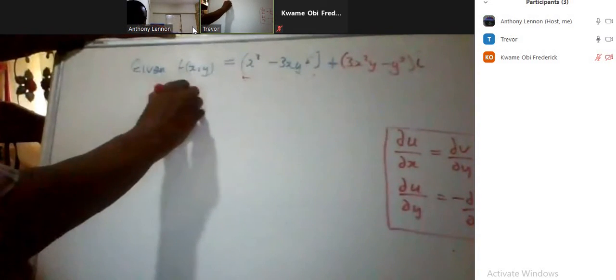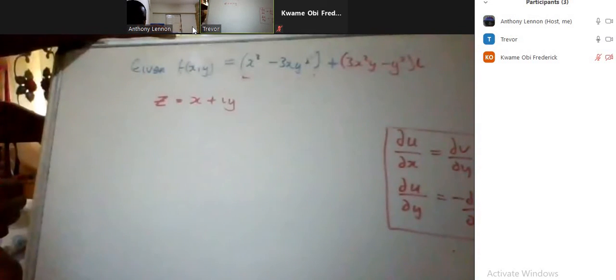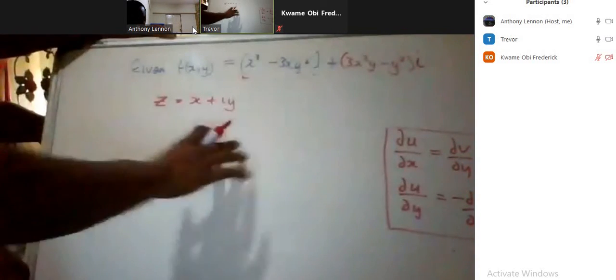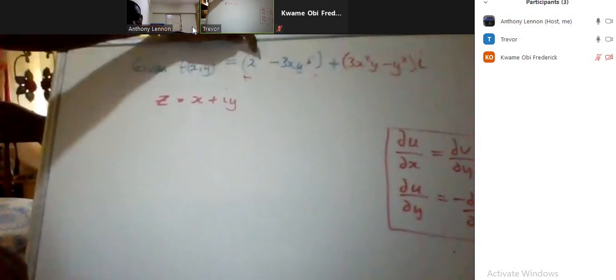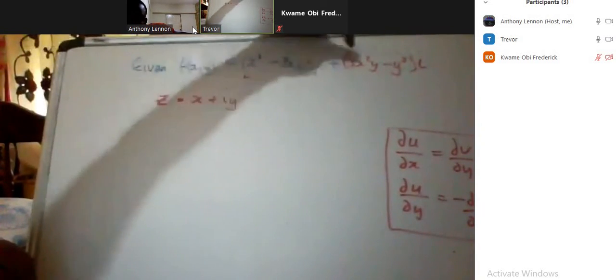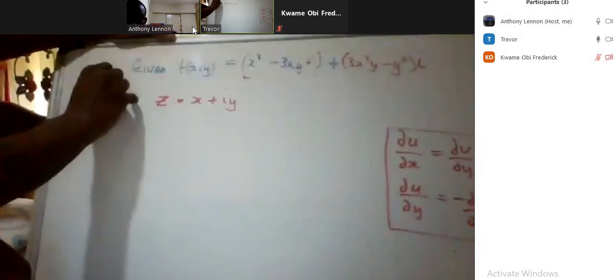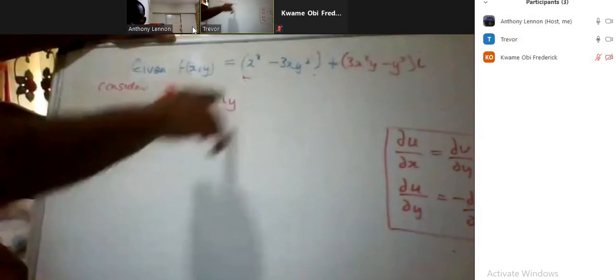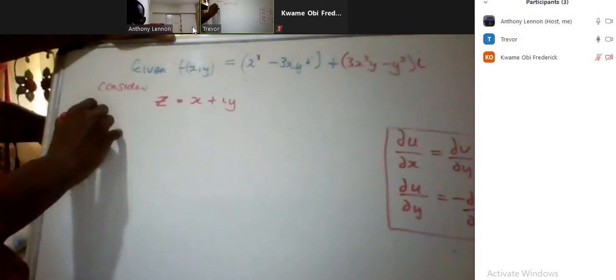Z is equal to x plus iy. I always write it like that. But then when I do the functions, I put the function in front. And this is to the power cubed, and these are all to the power cubed. So consider that. We have Pascal's triangle.